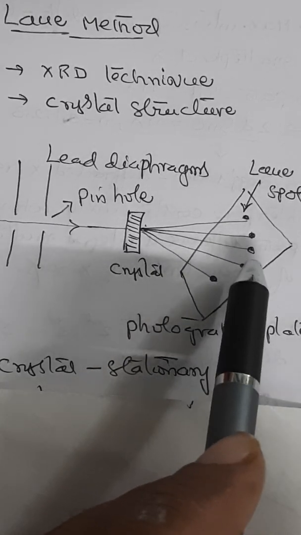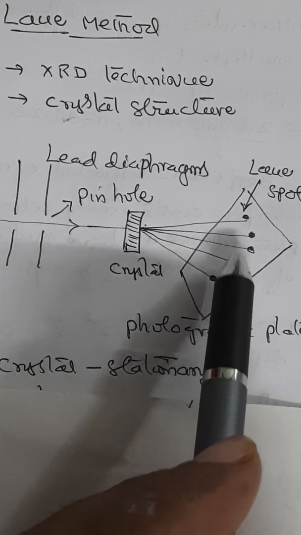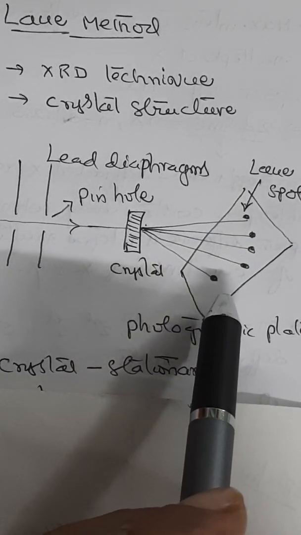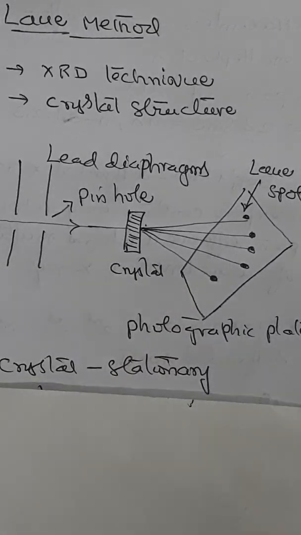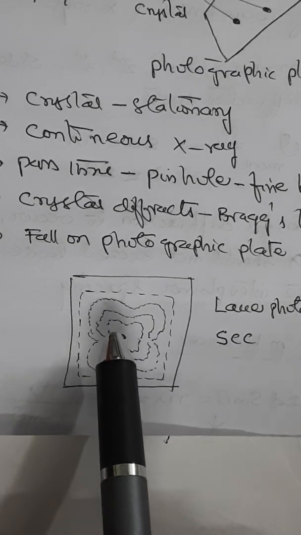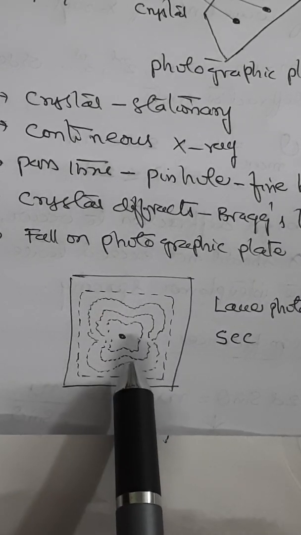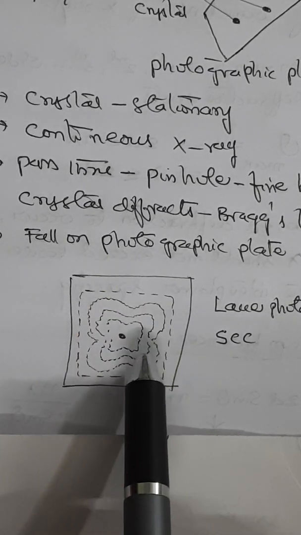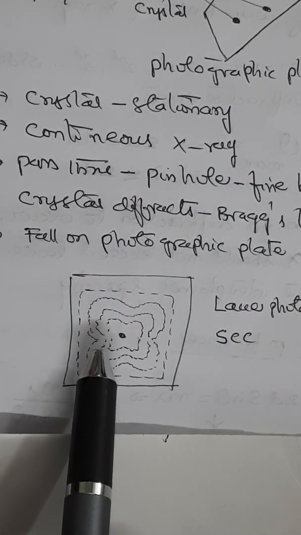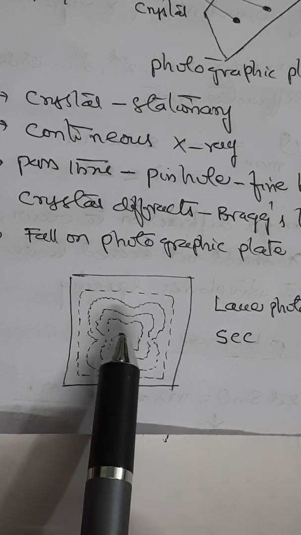Now if you analyze the image that is being formed as spots on the photographic plate, the image we are going to get appears like this. This is the Laue photograph for a simple cubic crystal. The image that is falling on this photographic plate, when magnified, looks like this.